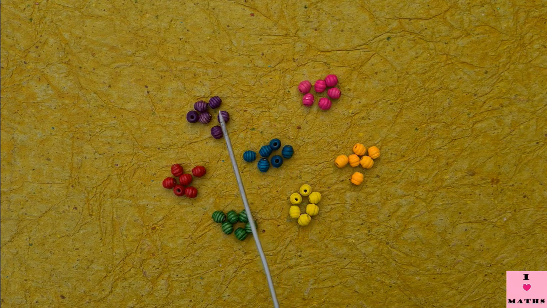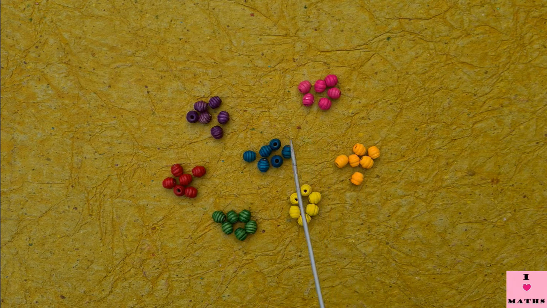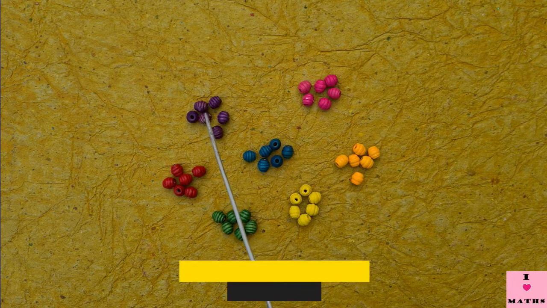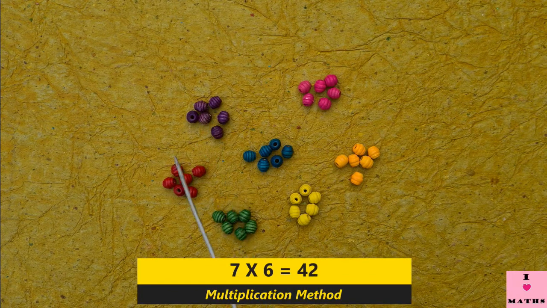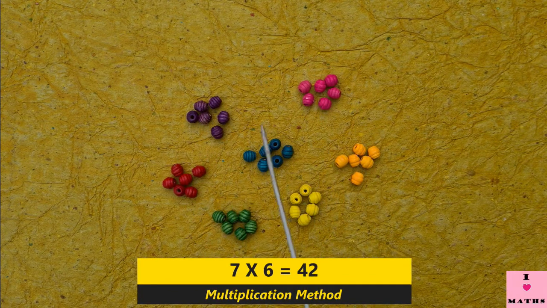And when I said that there are 6 beads in each of the groups, I am going to see how many groups there are. 1, 2, 3, 4, 5, 6, 7. So 7 times 6 is 42.